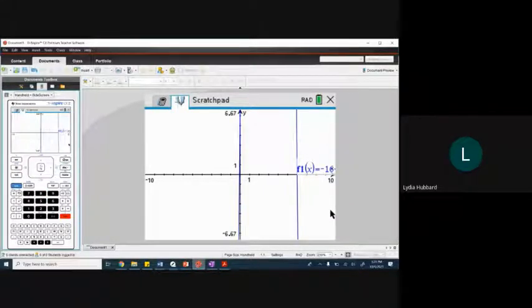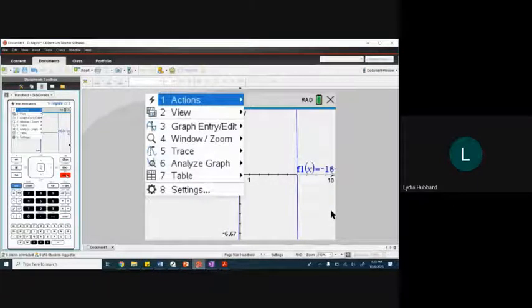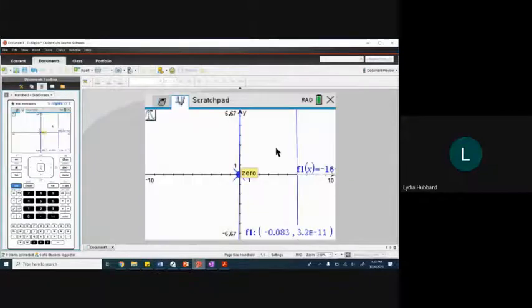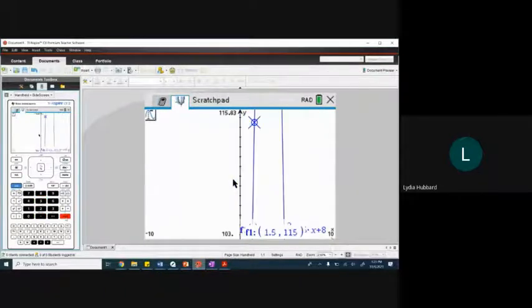Okay, not a great graph, but we're actually just looking to trace. So we're going to go to menu, trace, and we'll click graph trace. And from here, we can just type in 1.5 and hit enter, and it will tell us what our output is, which in this case is going to be 115. So we'll go back to our problem.